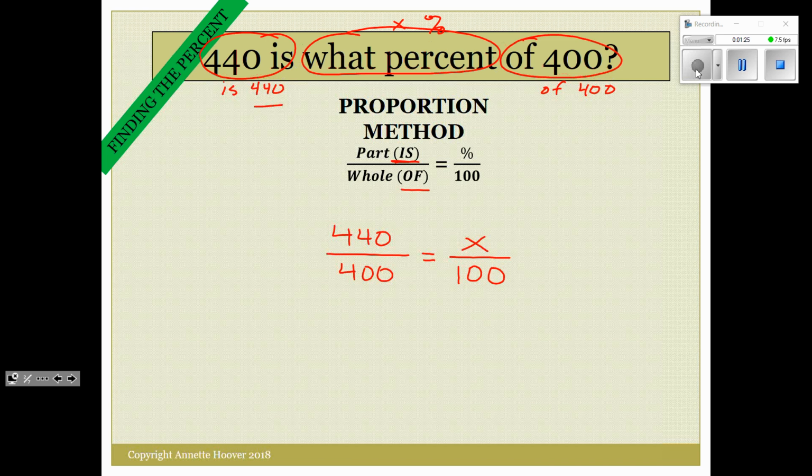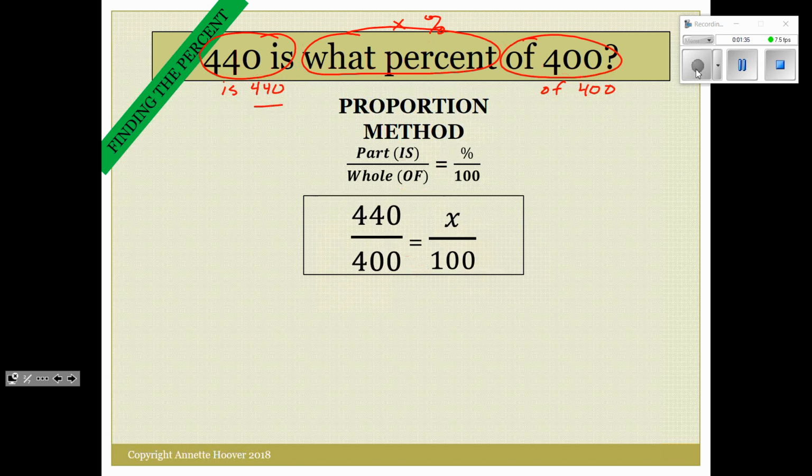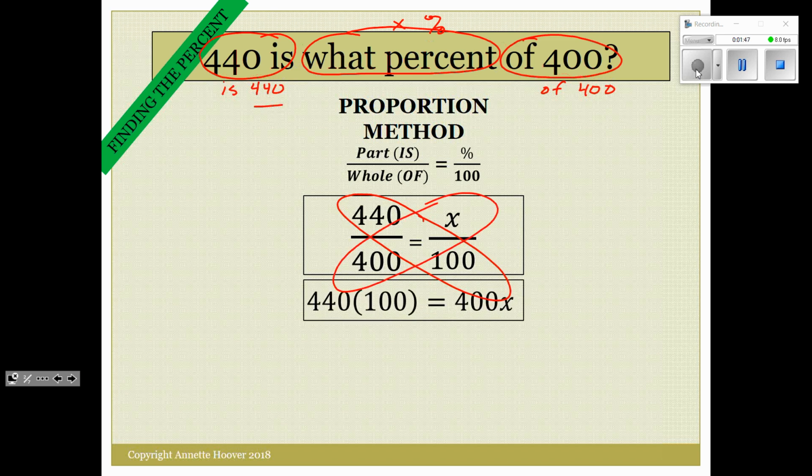Now that we've set this up, we're going to use our method that we used for solving proportions, our butterfly method. I'm going to erase this because I have it pulled up here on my PowerPoint. Remember, our butterfly method is where we do the diagonals. So on one side of the proportion we have 440 times 100, and on the other side we have 400 times x.